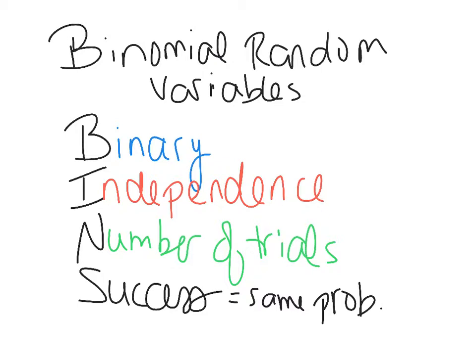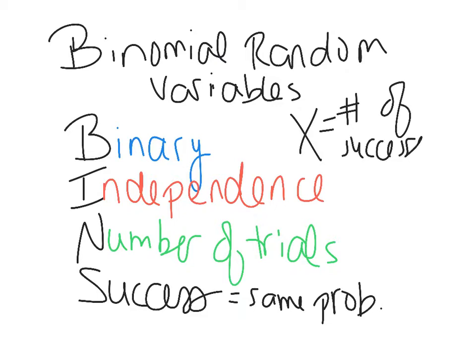If your variable meets these 4 conditions, then we have a binomial random variable. In your binomial random variable setting, x is going to be equal to the number of successes that you have. How many times you flipped a head, how many times you rolled a 3. So x is going to be equal to your number of successes.